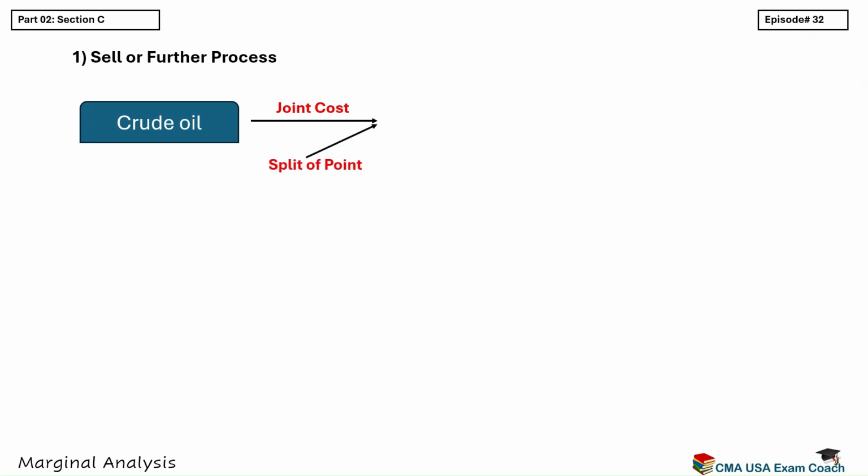Now, at a certain stage in the refining process, we reach what's known as the split-off point. This is the point where the crude oil breaks down into separate, identifiable products, such as petrol, diesel, and kerosene. From this point forward, each product can either be sold as it is, in its basic form, or further processed into a more valuable version.